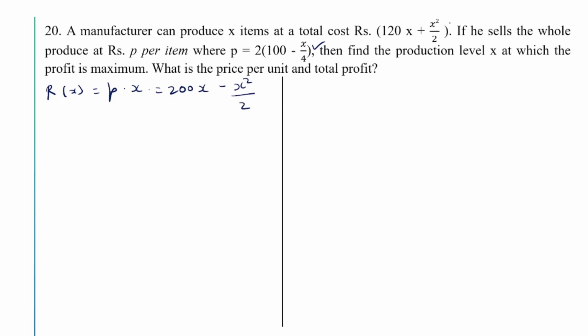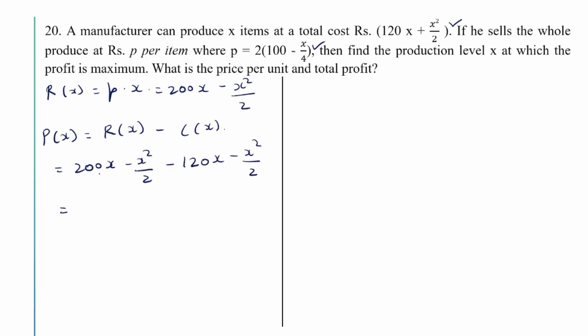It is 120x plus x squared by 2. So we can find the profit function. Profit function is revenue minus cost. So it is equal to 200x minus x squared by 2 minus cost is 120x minus x squared by 2.